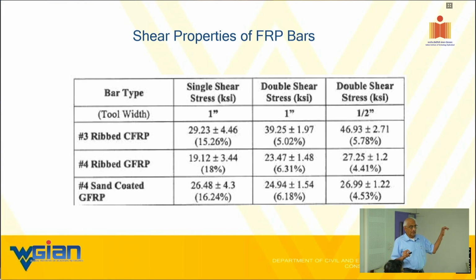So in a double shear, let me make myself clear, in a double shear, there's zero shear, constant bending. That's in a double shear, if you draw the shear and bending moment diagrams. In a single shear, there is no zero shear zone.